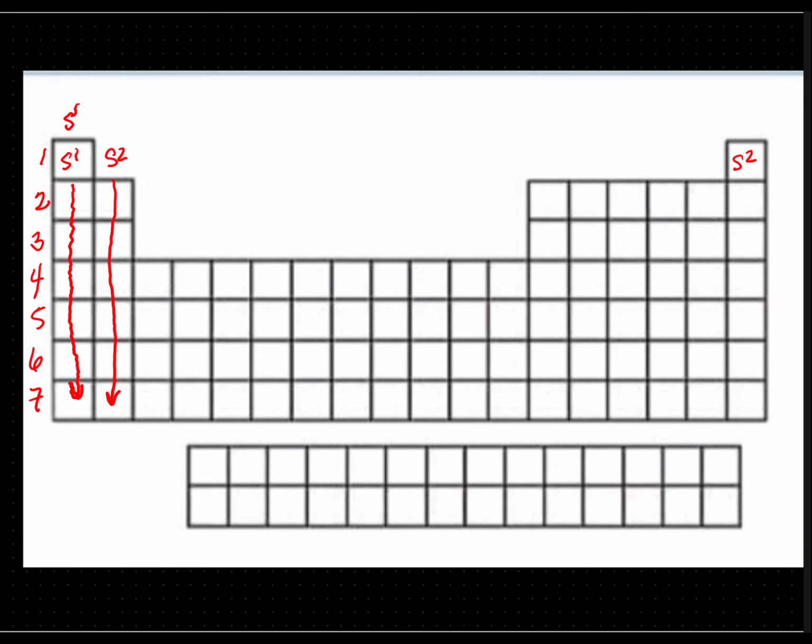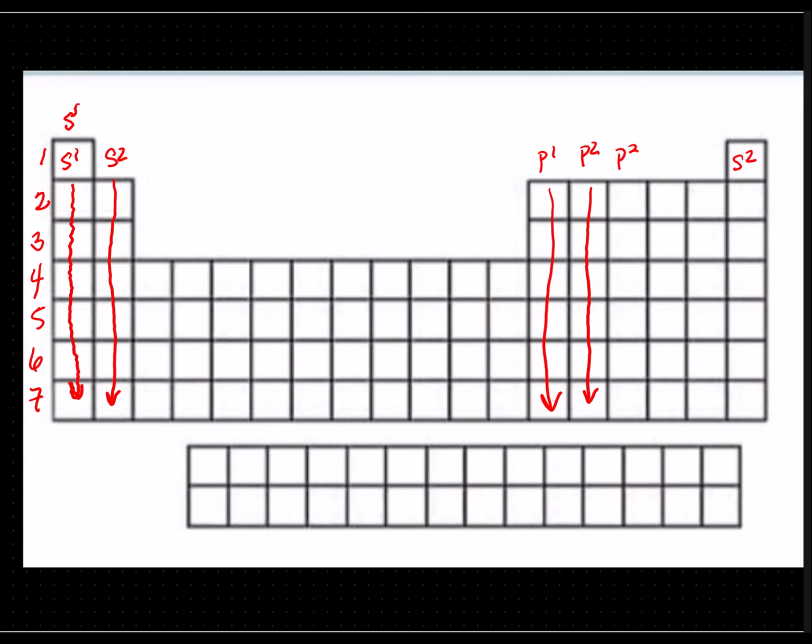Groups 13 to 18, starting with the boron family, are the p block. Remember, we could have 6 electrons. So in the p block, the boron family is p1. Everything in the boron family is p1. The carbon family is p2.